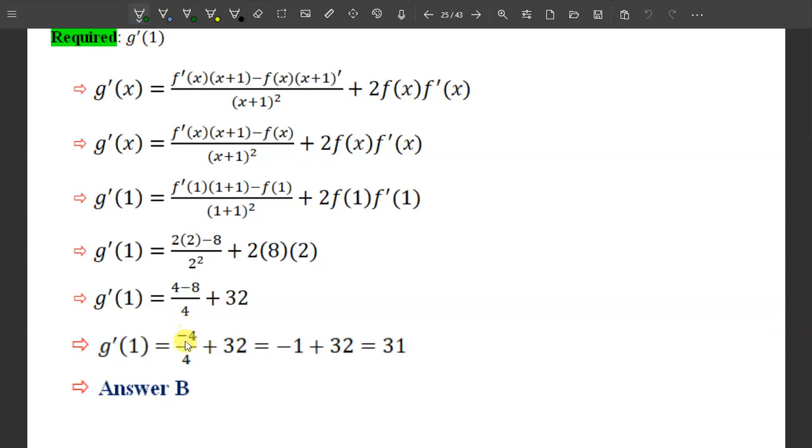Minus 4 over 4 becomes minus 1, plus 32, it becomes 31.